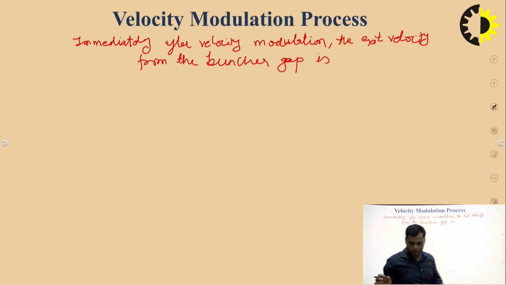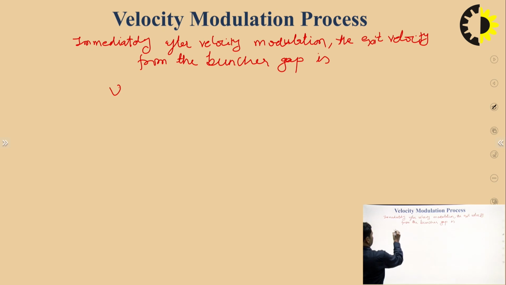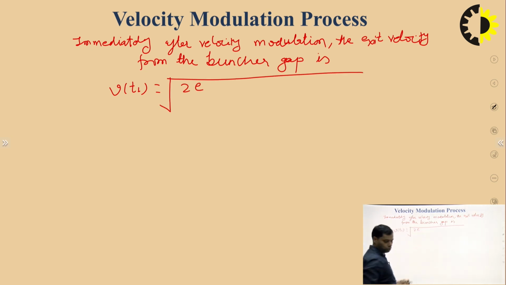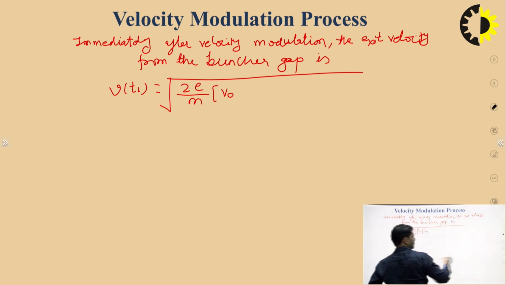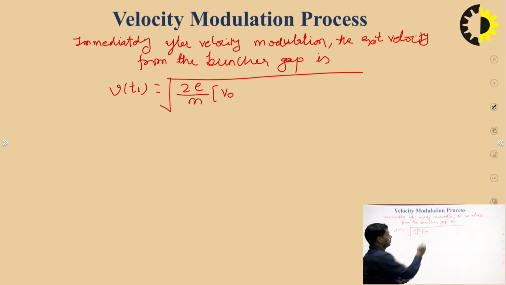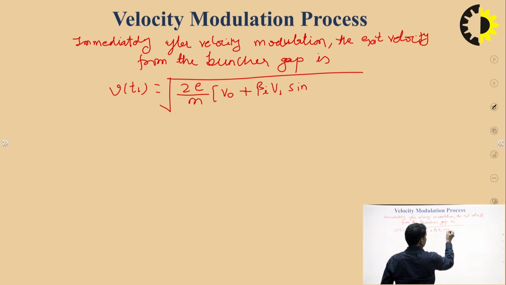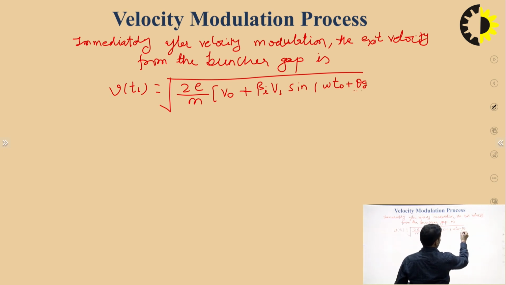initially V naught is equal to under root of 2 E V naught upon M. When the electrons come out, this will be increased by another velocity we got previously, which will now be added on. So, Vt1 is equal to under root of 2E upon M into [V naught plus beta I V1 sin(omega t naught plus theta g by 2)].